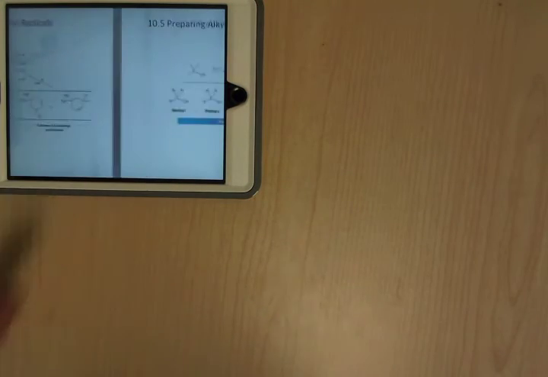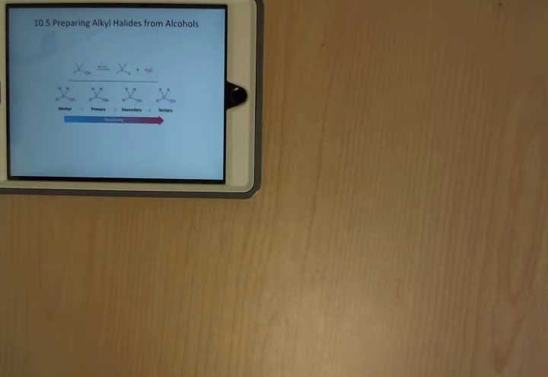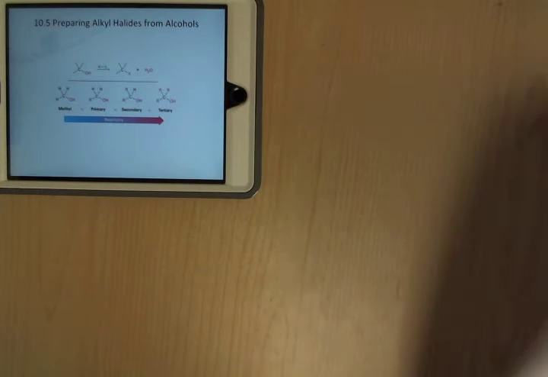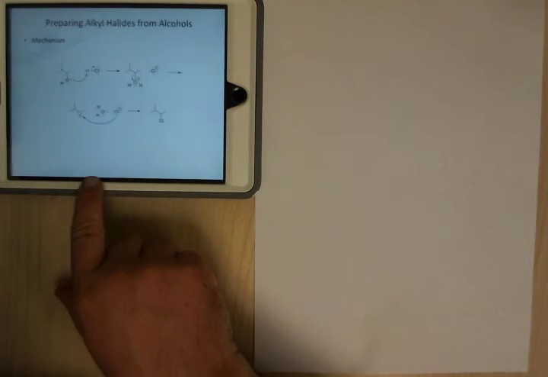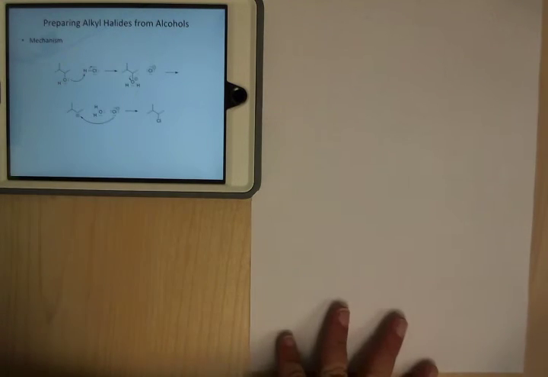Okay, so how do we make these alkyl halides? Well, one of the ways that you can do it is to start with the alcohol. So essentially what happens is you can get this going.